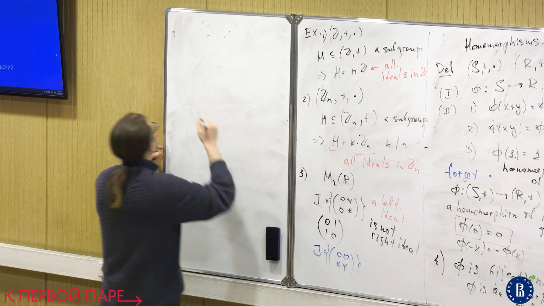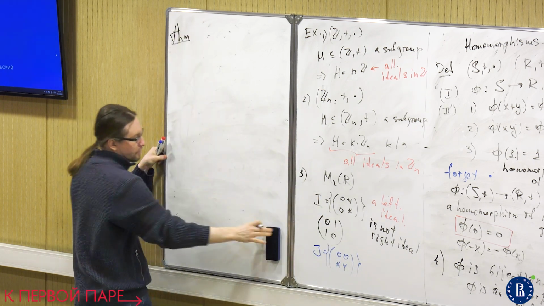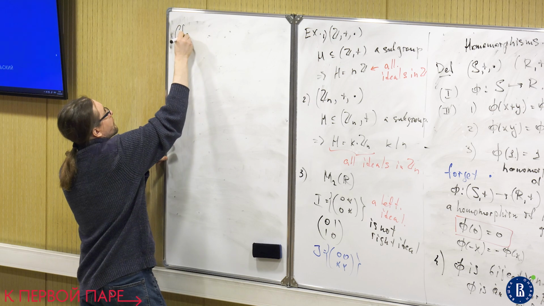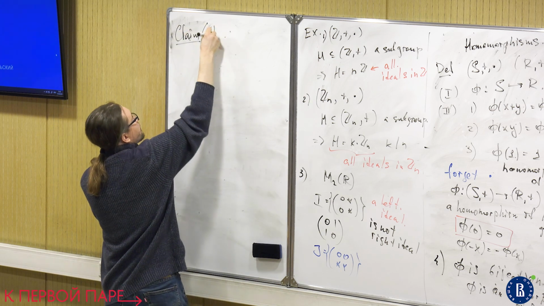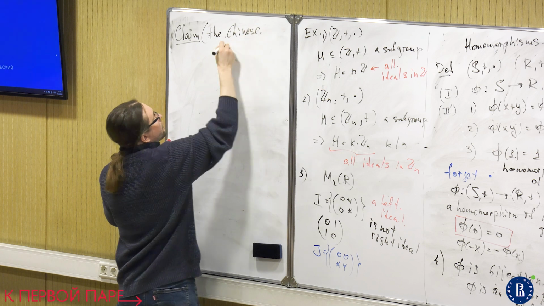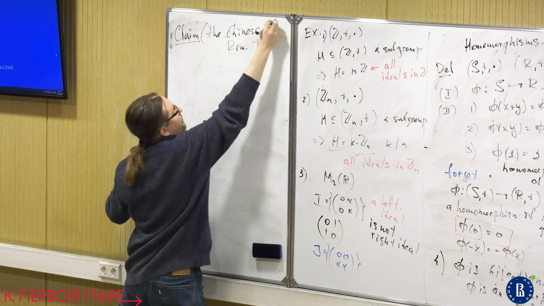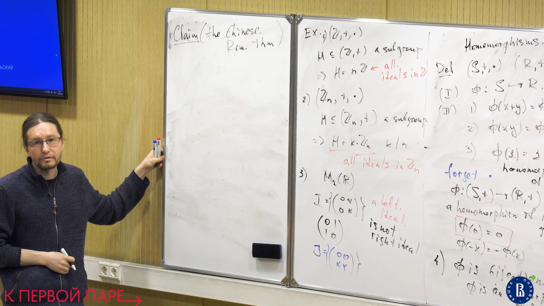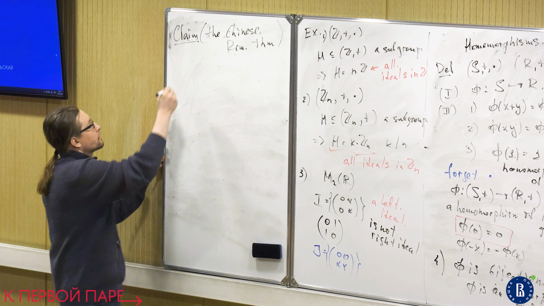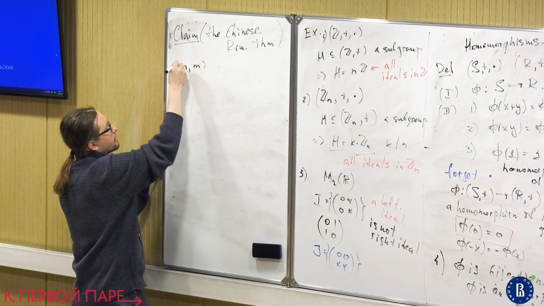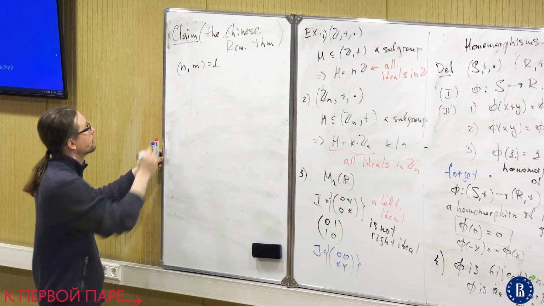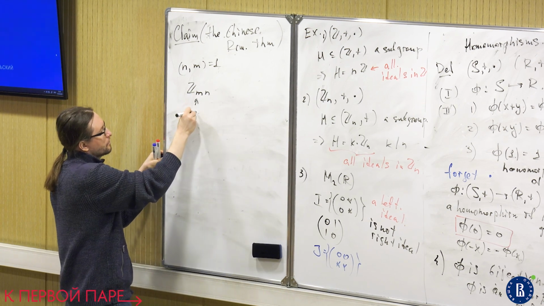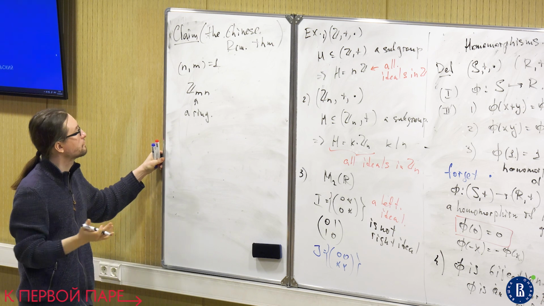The Chinese remainder theorem. So what is the Chinese remainder theorem in the case of rings? As usual, we're given two integers, m and n, and they are coprime. Now, we have Z_mn, and this is a ring, not just a group, but a ring.